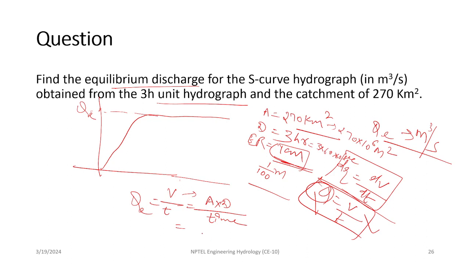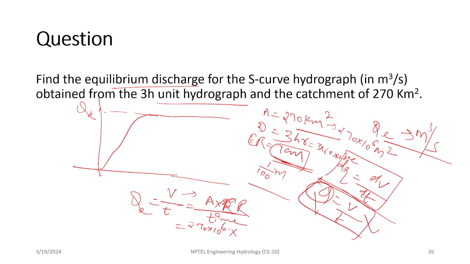Meanwhile I am solving this, you can solve it and directly tell me the value. Okay, just solving it. So we have the area 270 into 10 to the power 6, then it will be multiplied by, sorry, don't confuse with this, there is a D duration mentioned, and if I am talking about runoff depth, I am writing it as ER.